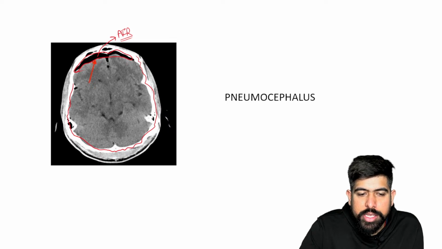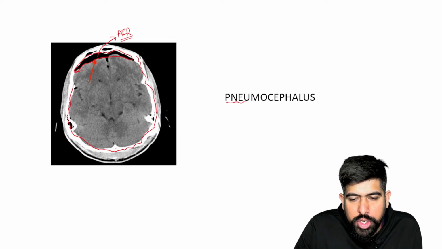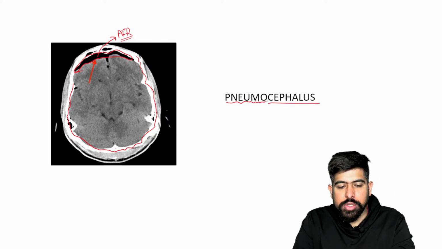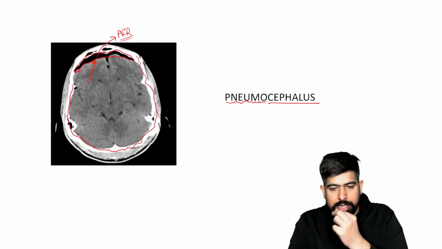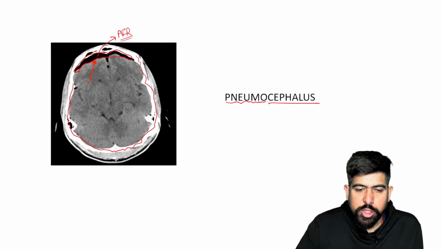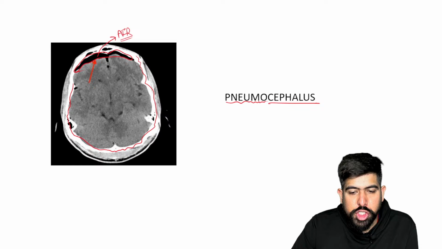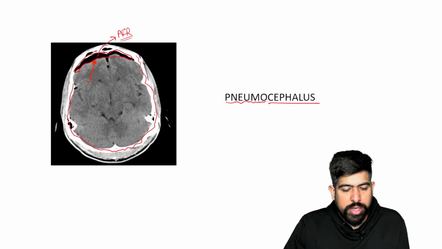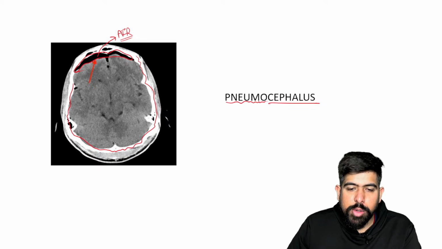So this is known as pneumo, the air. The air inside the brain is known as pneumosyphilis. Please remember this. If they give you such an image and ask for the diagnosis, this is a case of pneumosyphilis.